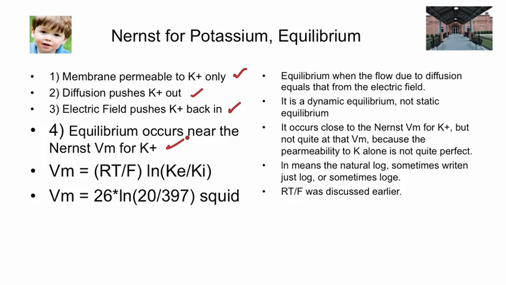They will be in equilibrium when the transmembrane voltage Vm is equal to RT over F, you remember that from last week, times the logarithm of the concentrations, the extracellular concentration over the intracellular concentration.